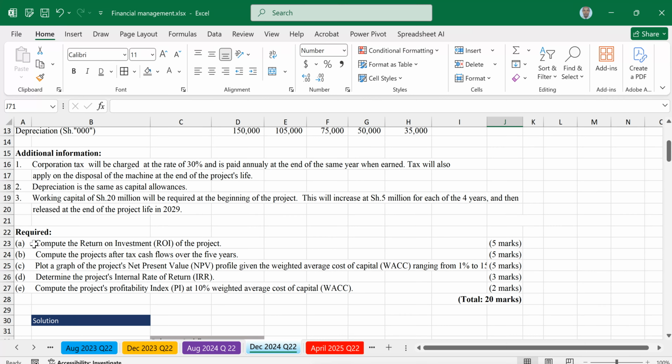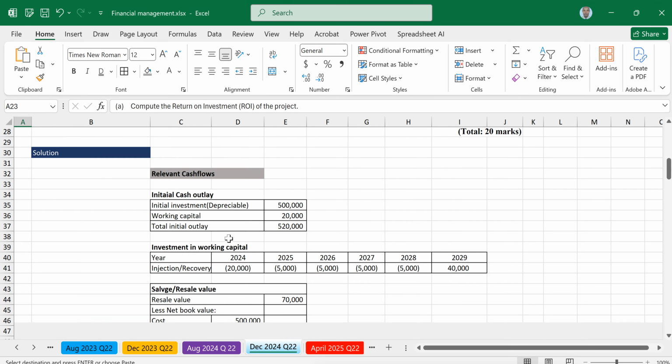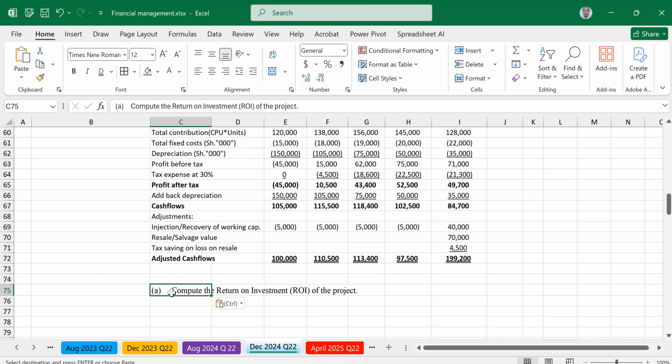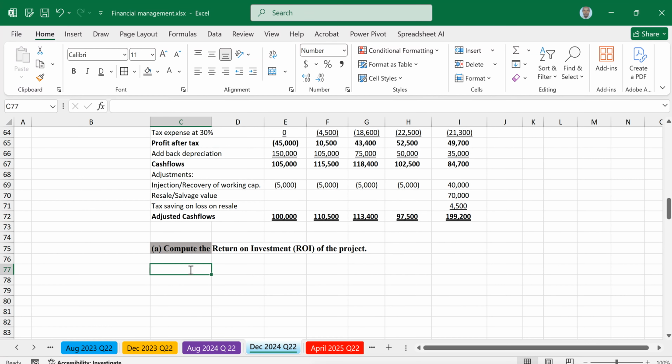Part A, compute the return on investment of the project. Return on investment, ROI. Now ROI, the return on investment, will be obtained as follows.